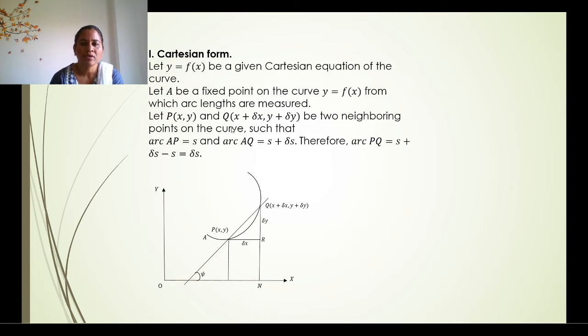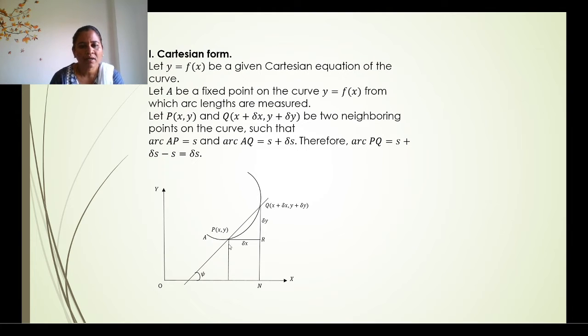Arc length is measured and it is taken as S. Let P(x, y) and Q(x plus delta x, y plus delta y), where delta x and delta y are the increments given to x and y, be two neighboring points on the curve.